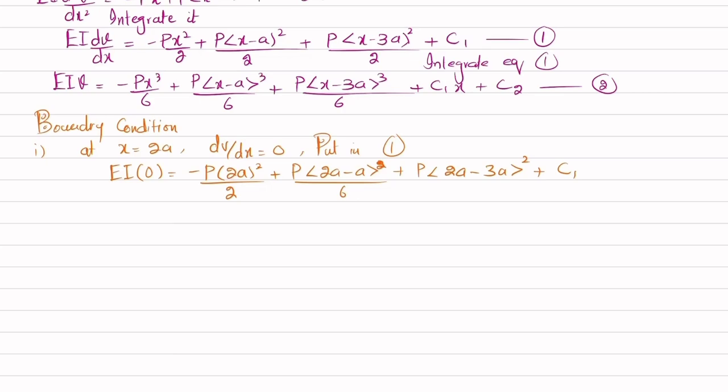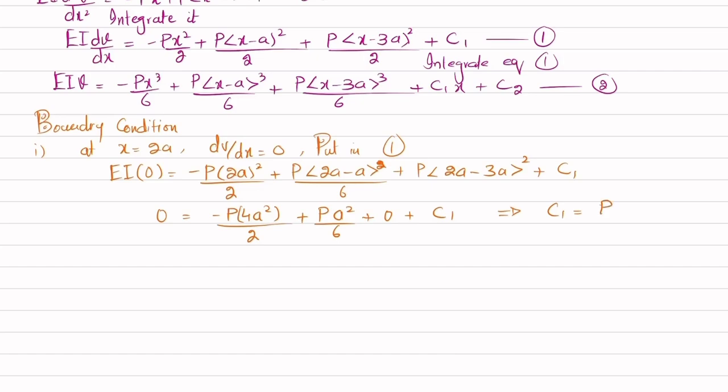So here you will get minus P into 4a square over 2, and from this term you will get P into a square over 2, and this term will give you 0 because this will be minus a, so anything inside the Macaulay bracket that is negative will be considered 0. So plus 0 plus C1.